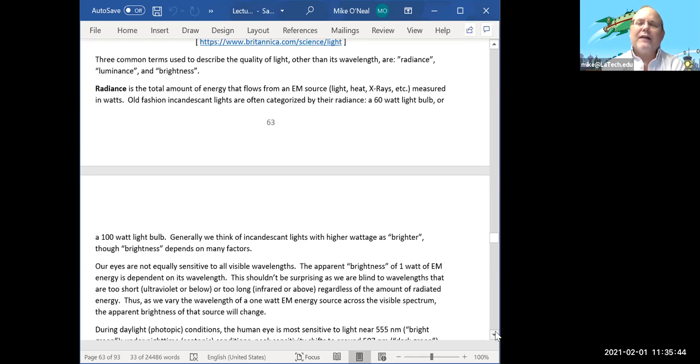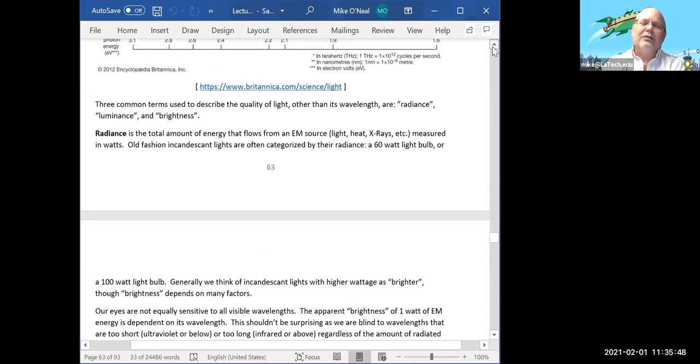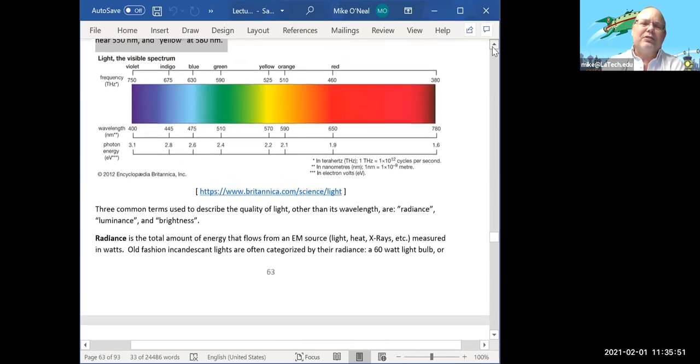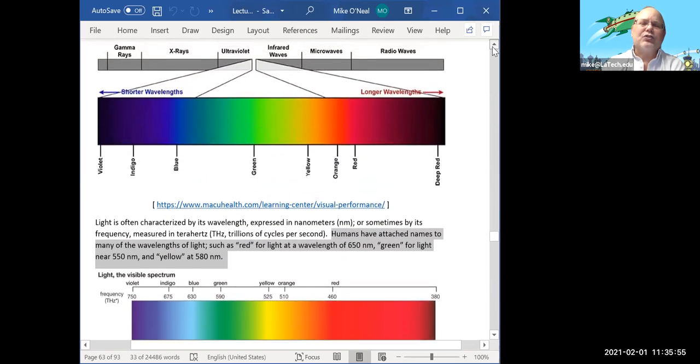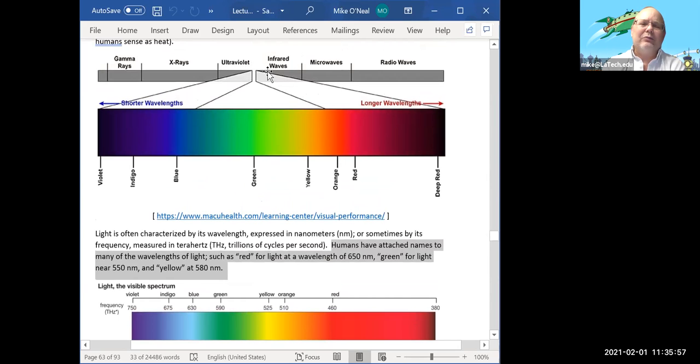And if you think about it, that means that while it might be producing light, and that's the reason why we call it a light bulb, it's also producing a lot of energy up here. So an incandescent light bulb is generating a lot of heat, and only part of that energy generates light.